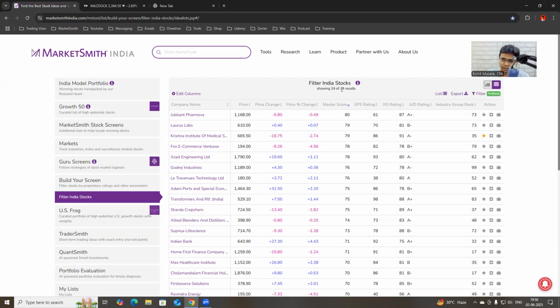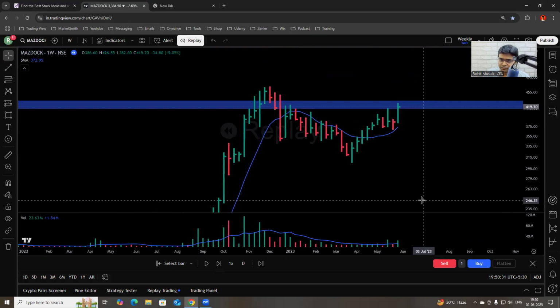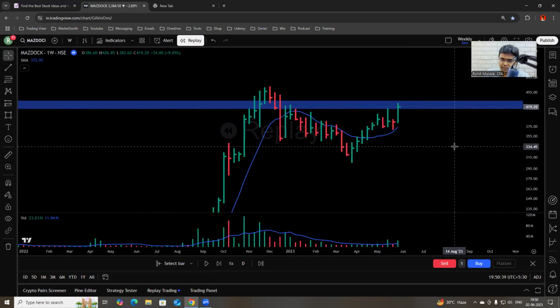Okay. Now, there is one weakness in this strategy which I would like to discuss with you. Have a look at this cup with handle. Let's go to the next week: Monday, Tuesday, Wednesday, Thursday, Friday. Okay. Now look at this. Is this a proper breakout? Yes. Why? Because the stock has closed above the pivot point.